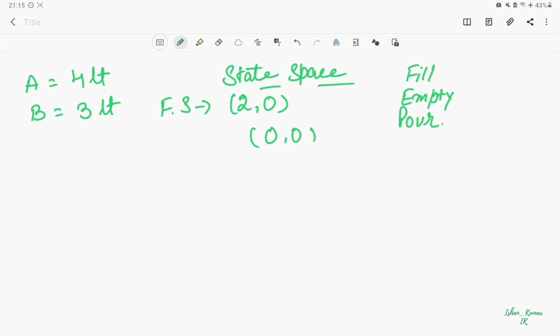If I say pour, we cannot pour water from one jug to another because both the jugs are empty here. Yes, we can fill the jugs here, so we can apply the third action, fill. Now do remember, at a particular time only one action can be applied to a single jug.